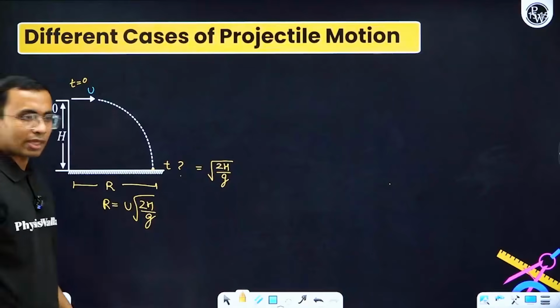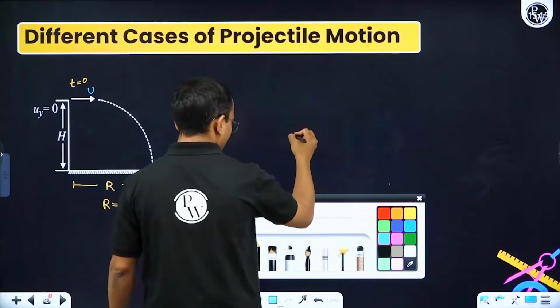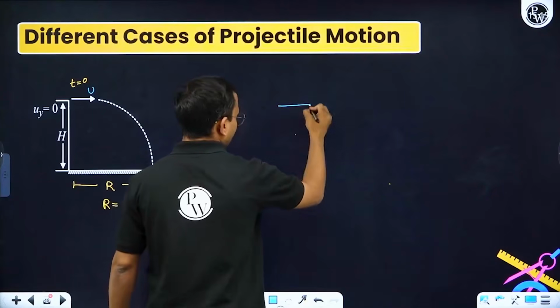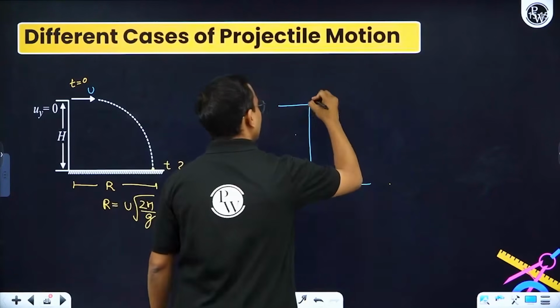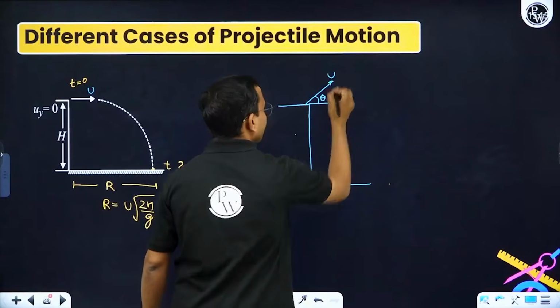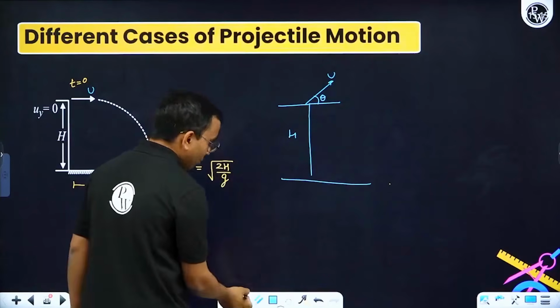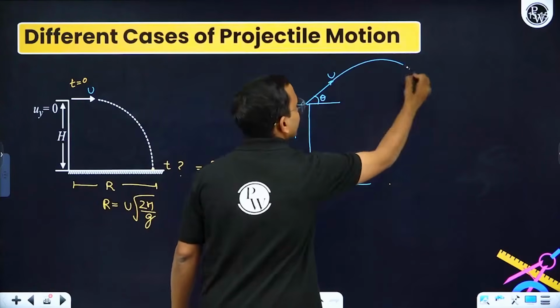Simple. What if it is projected at a certain angle? Let us take it is projected at some angle theta. This height is h. Now what will happen? It will go somewhat like this.